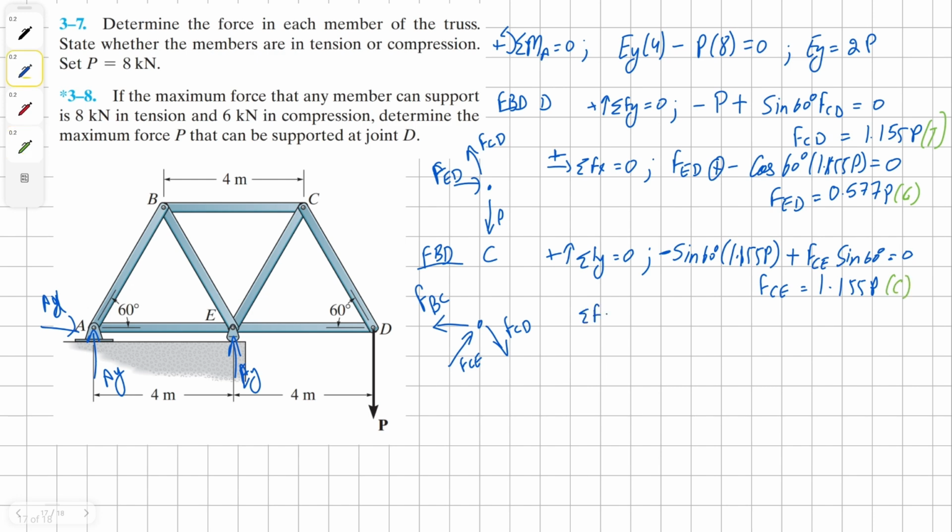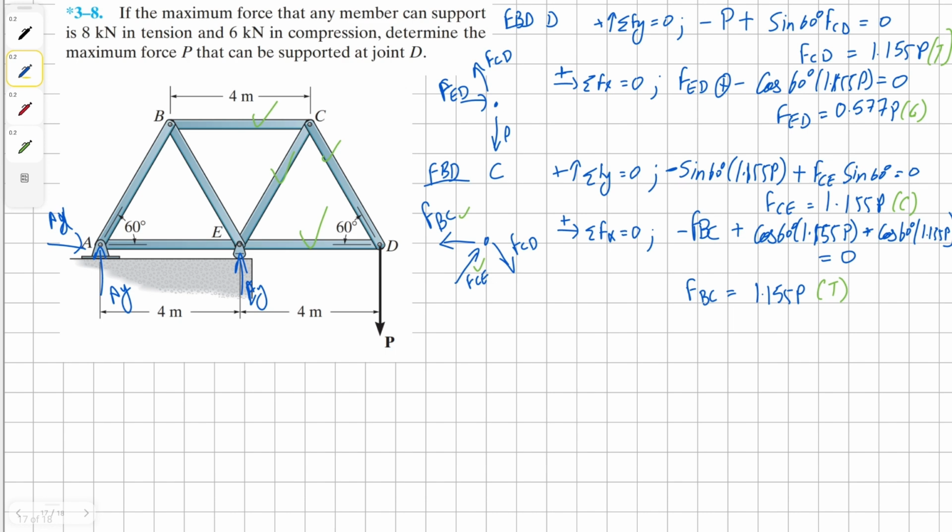Now we do the same for the horizontal direction. It's going to be negative force BC, and horizontal components for force CE and CD, all equals 0. Solving for force BC, we get our solution as 1.155P. And this member is in tension.